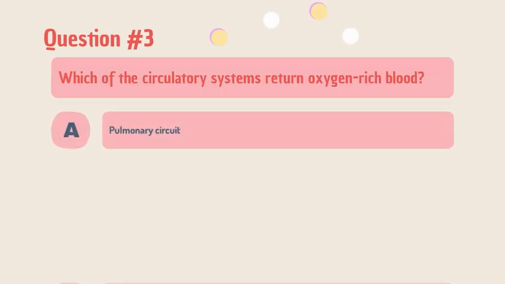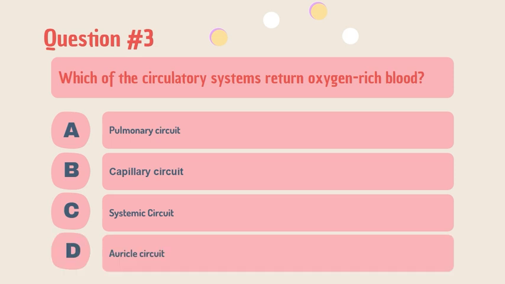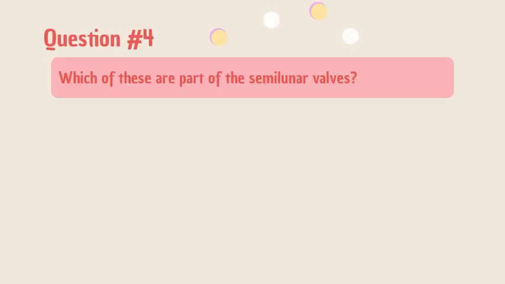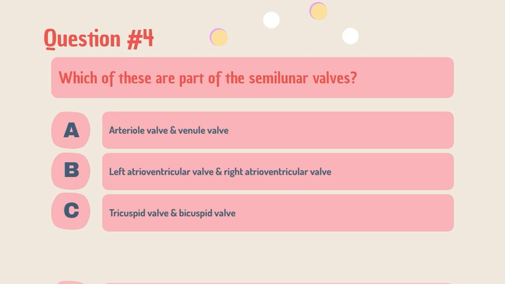Question number 3. Which of the circulatory systems return oxygen-rich blood? Correct answer is A. Question number 4. Which of these are part of the semilunar valves?